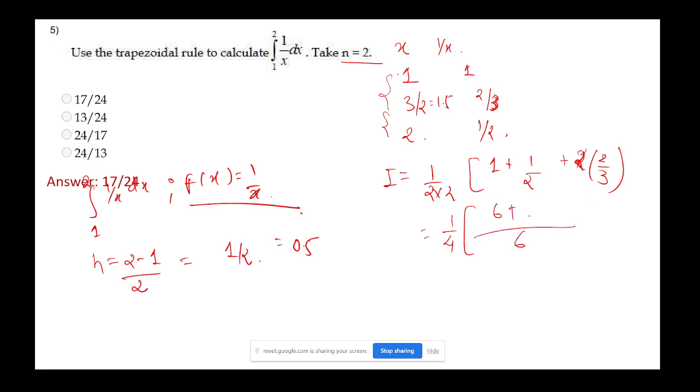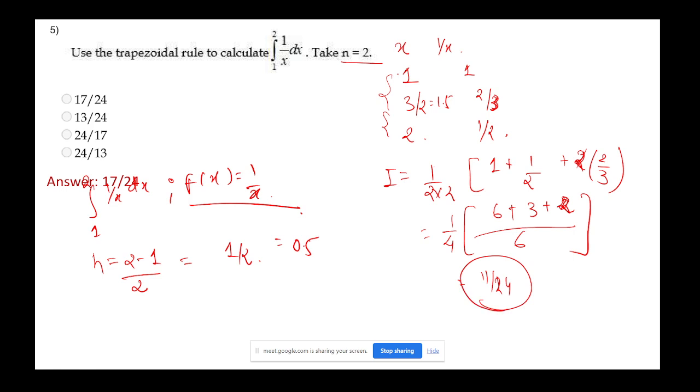So 6 plus 3 is 9, plus 2 is 11. So it will be 11 by 24. So there is no correct option matching here. So the correct answer for this question is 11 by 24.